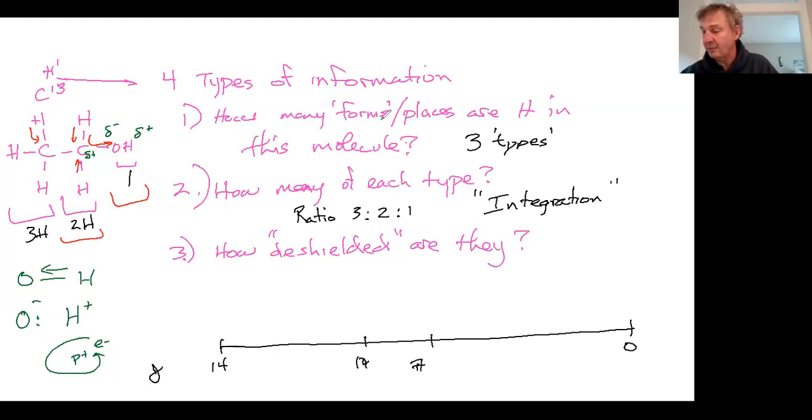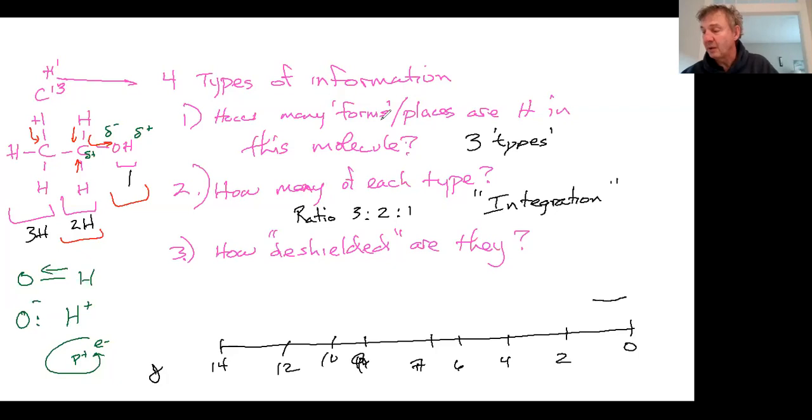So in this particular molecule, we have three types of protons, with a ratio of 3 to 2 to 1.